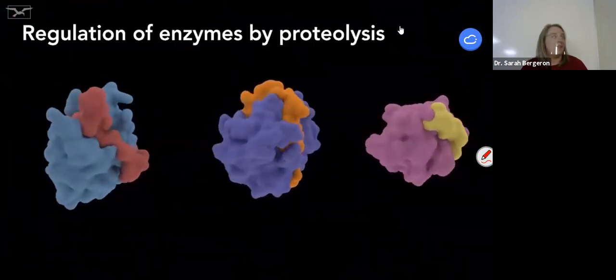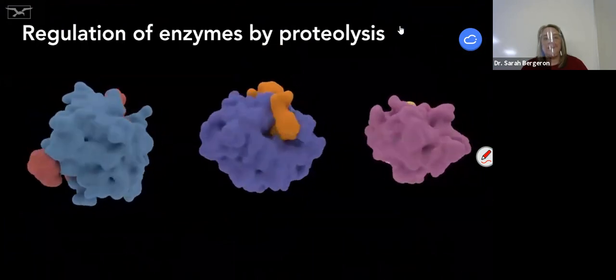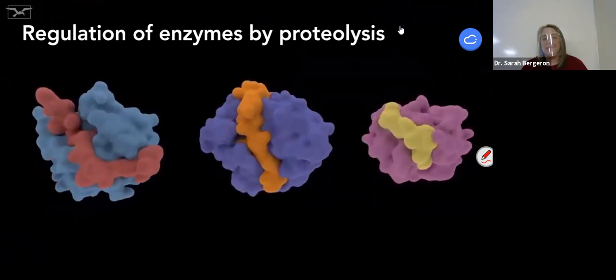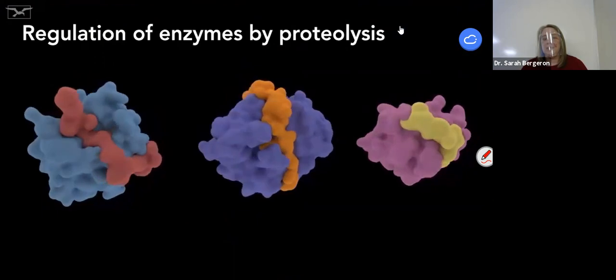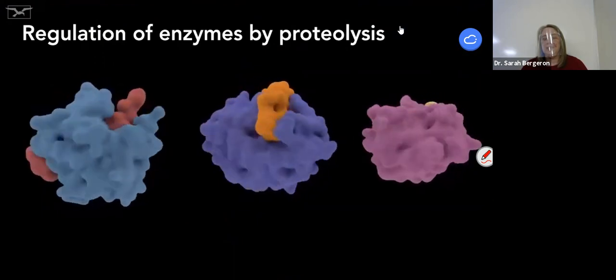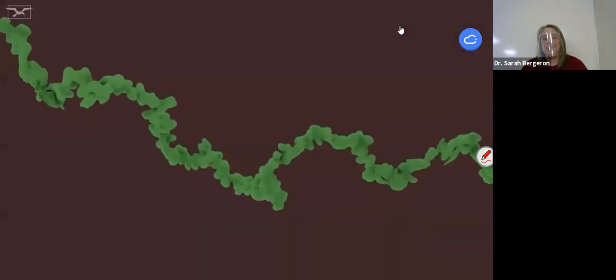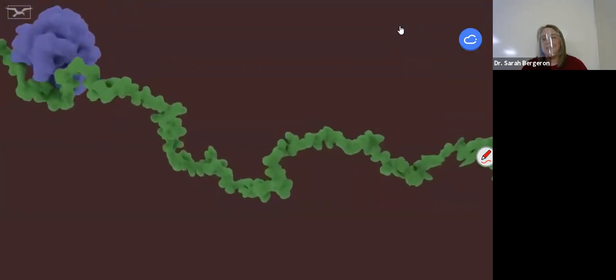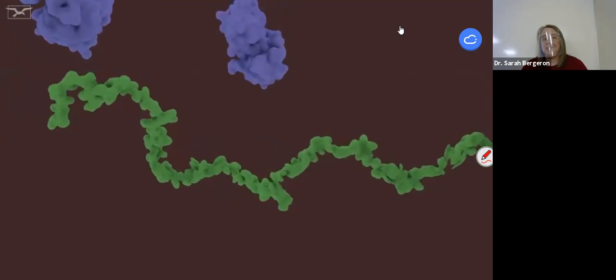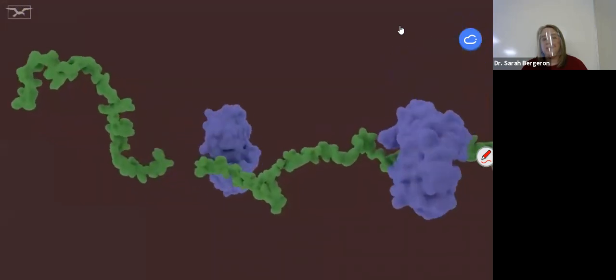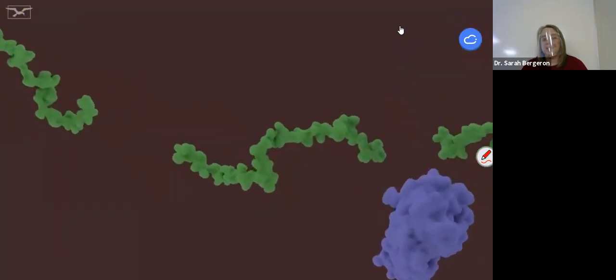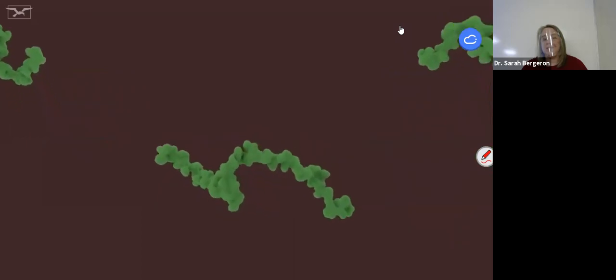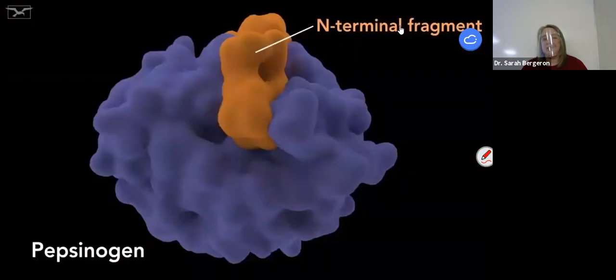Protein cleavage, or proteolysis, is another way that some enzymes, particularly proteases involved in digestion and blood clotting, regulate their activity. Pepsin is a digestive enzyme synthesized in the stomach that aids in breaking down food by catalyzing the hydrolysis of peptide bonds. This results in converting long protein chains into smaller peptides. Pepsin is first produced as an inactive precursor or zymogen called pepsinogen.